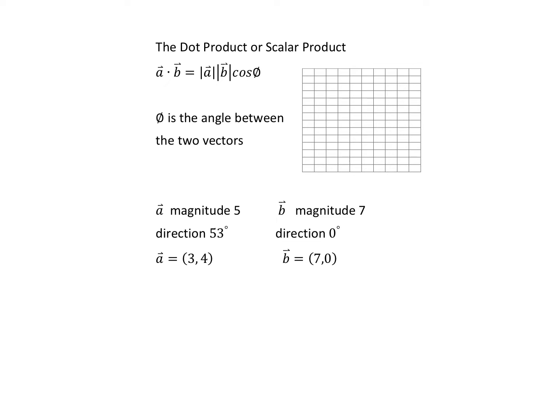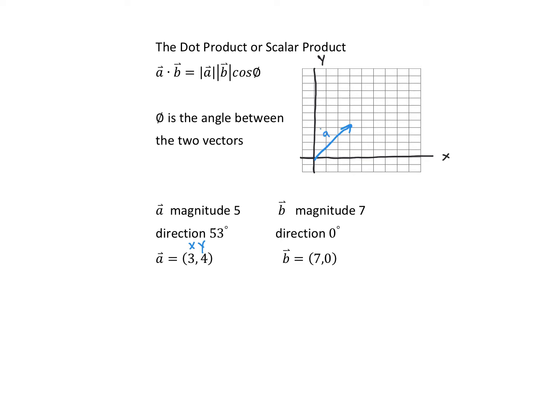Let's say vector A was in the direction of 53 degrees and had a magnitude of 5, and its x and y components were 3, 4. Let's draw a grid here. I'll draw a y-axis and an x-axis, and we'll draw vector A. We go right 3, up 4, and it would look like this.